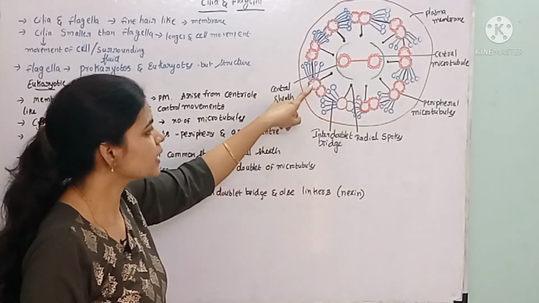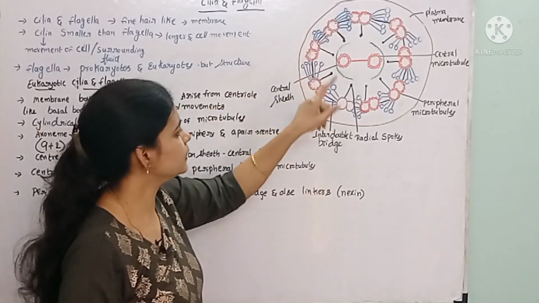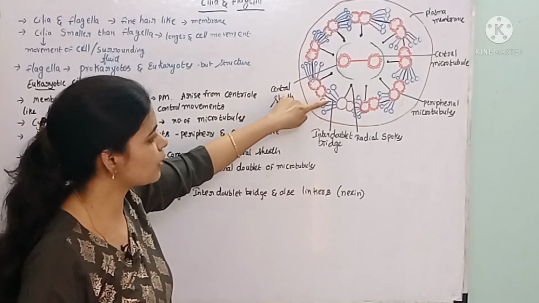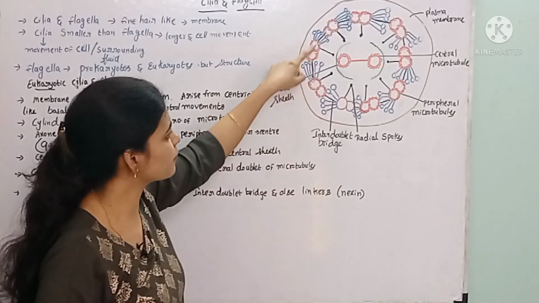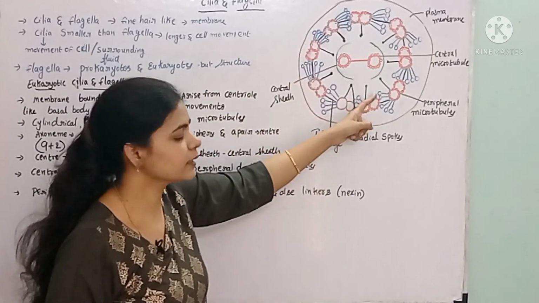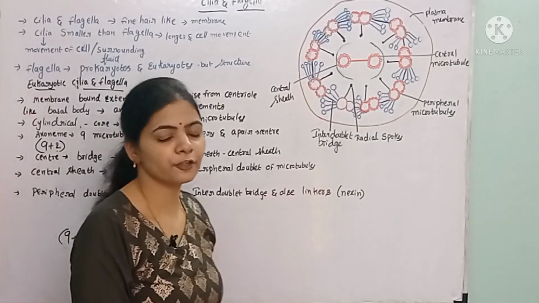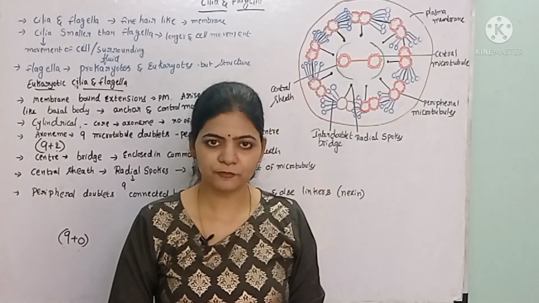And these doublets are again connected to one another by means of an interdoublet bridge. This black one is called the interdoublet bridge. And also there are linkers. The black ones are called linkers, also present for connecting the doublets. These linkers are made up of nexin. So this is about the structure of cilia and flagella.